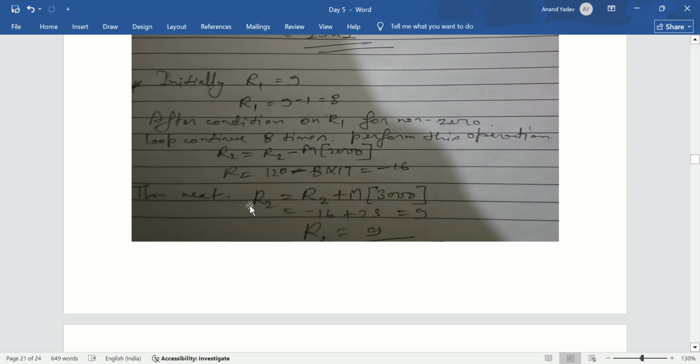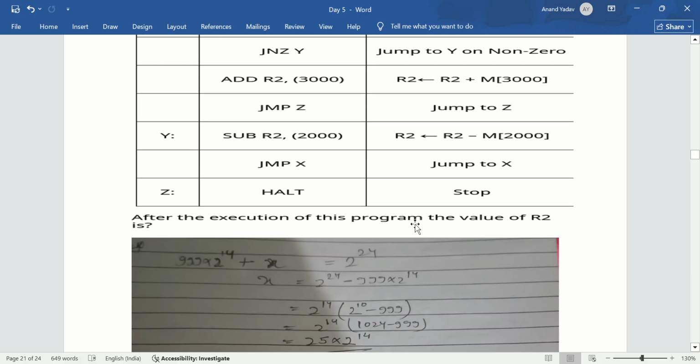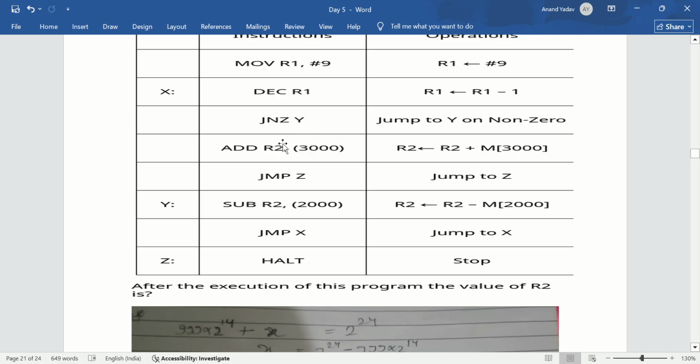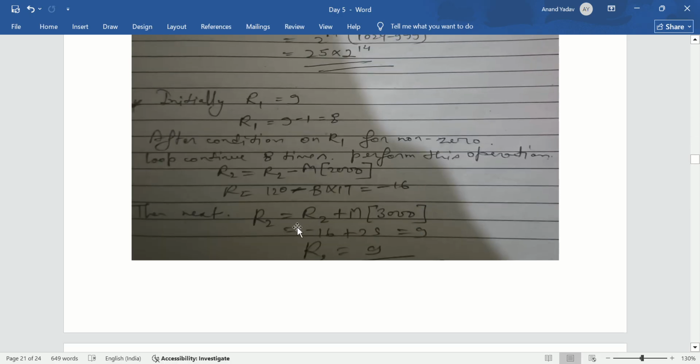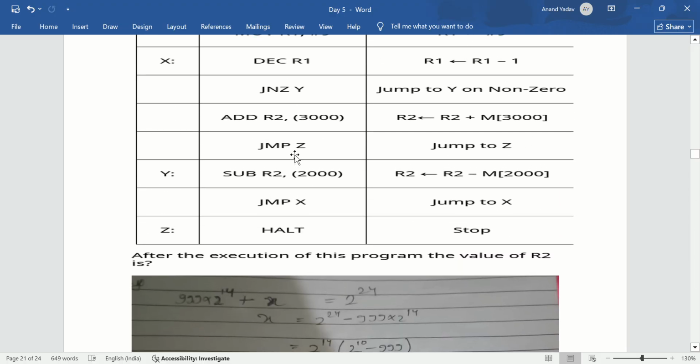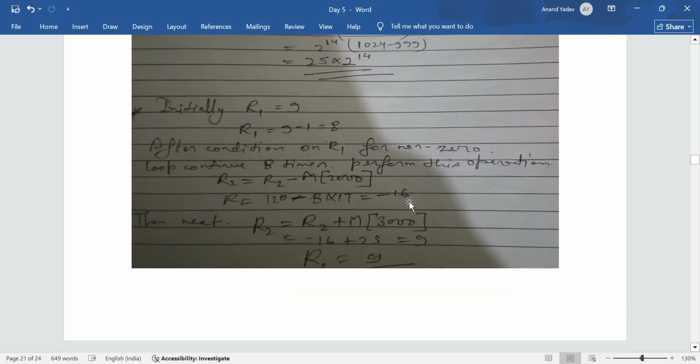Then the next step is R2 plus M3000. There is 0, so it will not jump. Then R2 adds the content of the M3000 location, so R2 becomes 9. Then jump on zero, and this is stop. So R2 is equal to 9. This is the answer of this question.